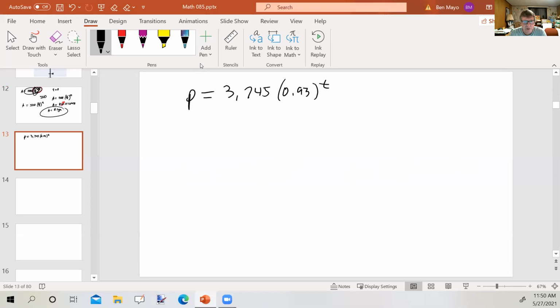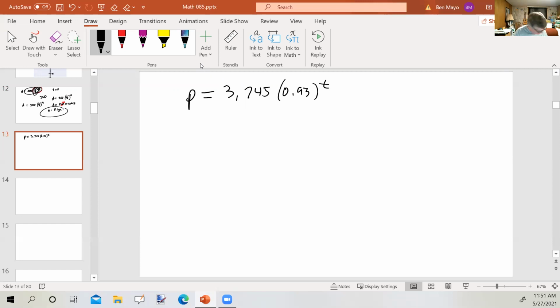Is this thing growing or decaying? It's decaying. By what percent is it decaying per year? Well, each time t increases by 1, we get 93%, 0.93 of what we had before. That's a loss of 7%, right? So whatever is happening, it's decreasing at a rate of 7% per year.